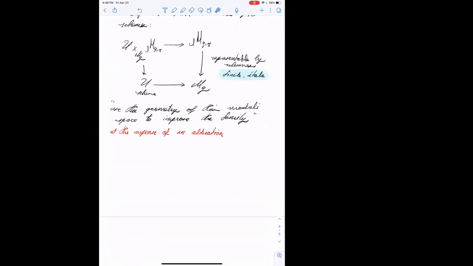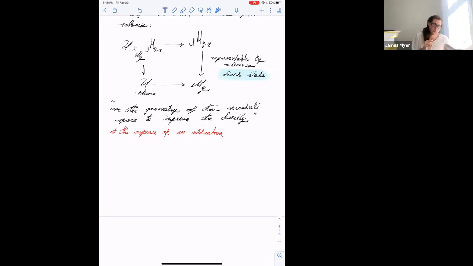I thought a stack is something smooth, and then an étale over a smooth should be smooth. Am I right? Yeah, I think you're correct. In the sense of stacks, this is smooth. This is a scheme now, so we don't have to worry about this. It lives over something that's smooth or regular, and this is an étale morphism. So this should be a smooth scheme.